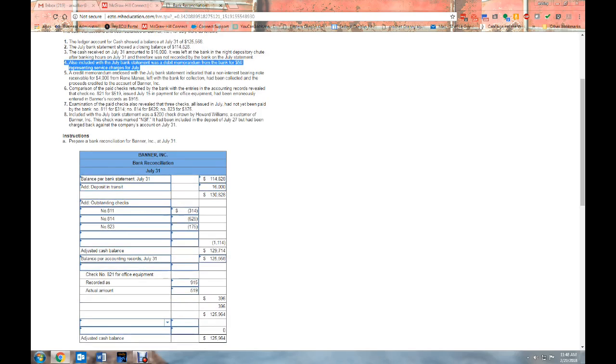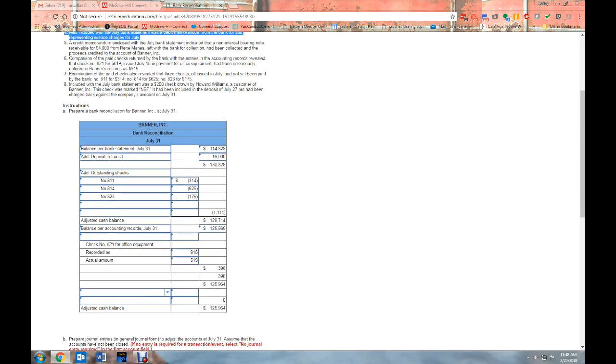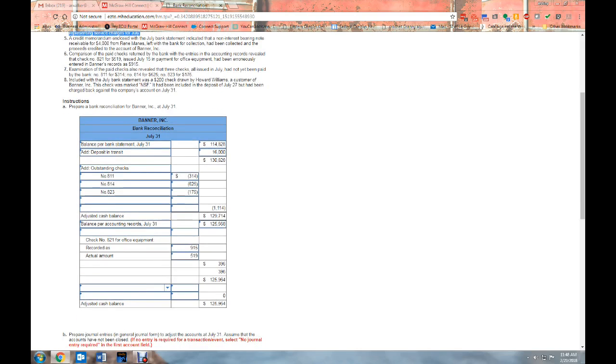The bank. The bank is the one that charged that particular amount, and so our records have to be adjusted. Okay. So we know that service charges are going to take away from our balance, and so we're looking for a deduction. So deduct service charges, and again that needs to be entered as a negative number.